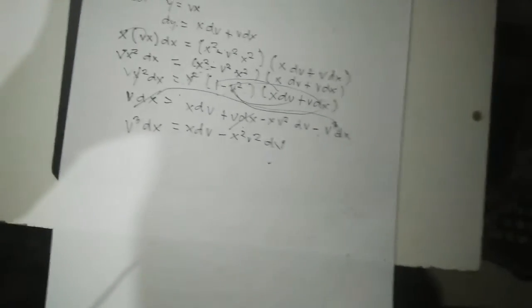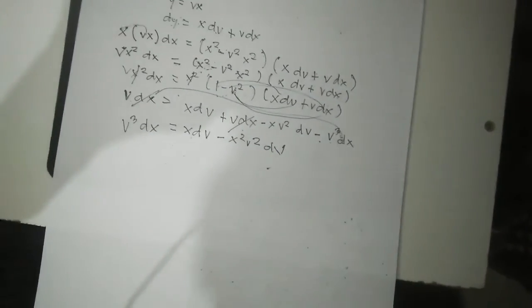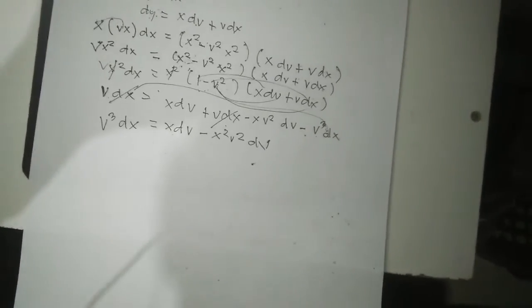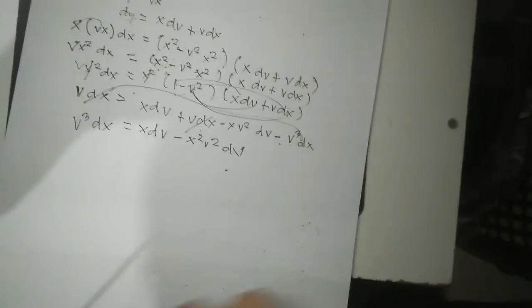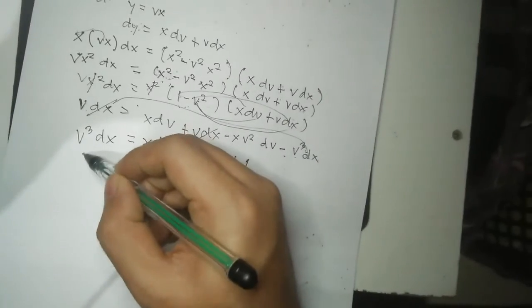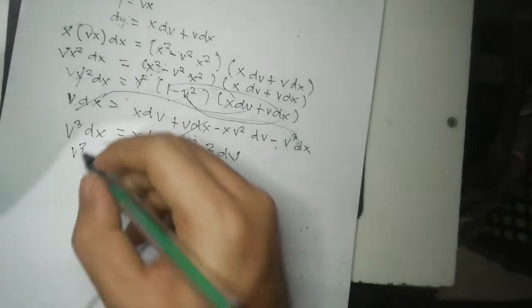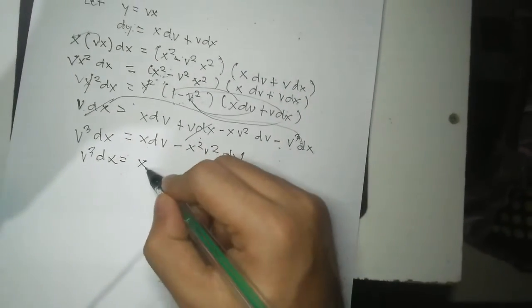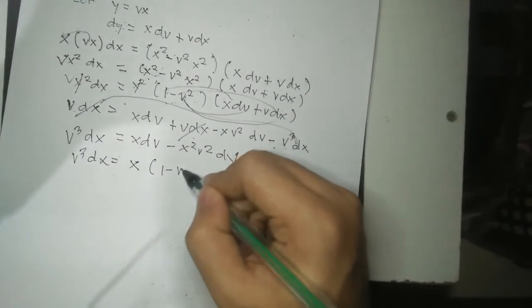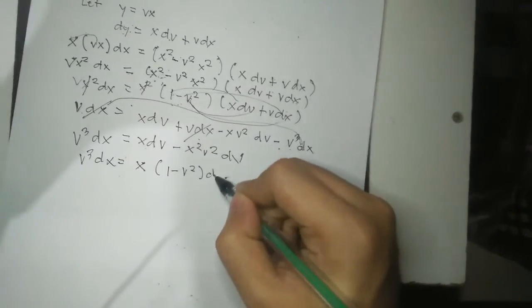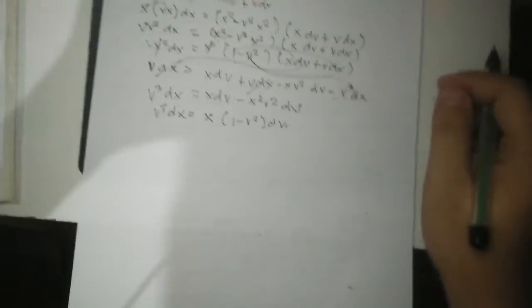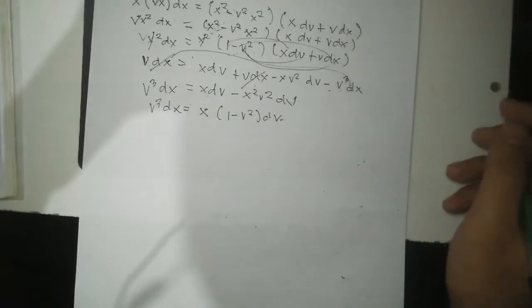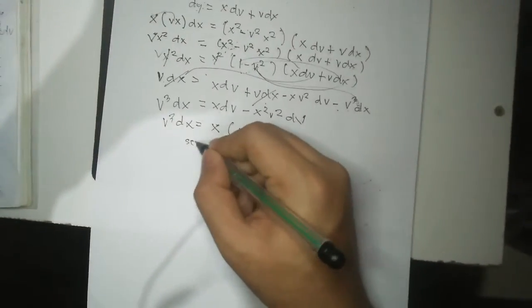So now we will factor out the x. So we'll factor out the x right here, then x dv. So now, as we can see, we can use separable variables.